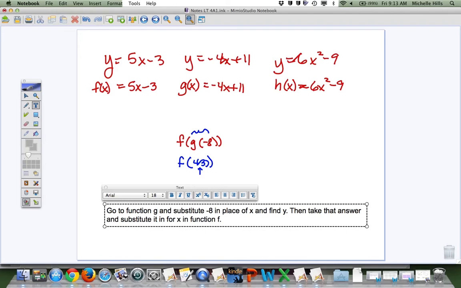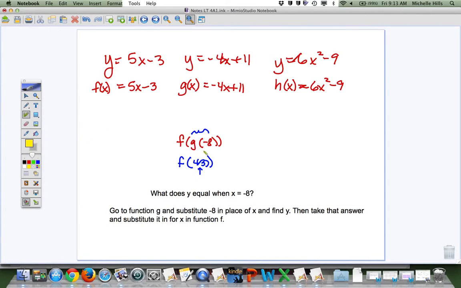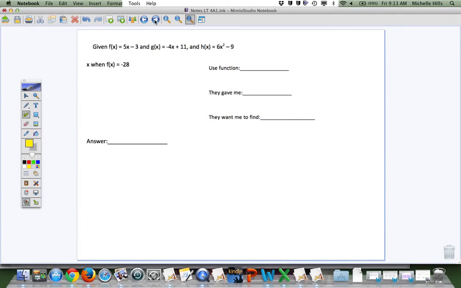Look at how much space it took me to say that. This little part all by itself, just that, says this whole thing. So function notation is very flexible and allows us to do something in a very small amount of space that would take a couple sentences to write out otherwise.